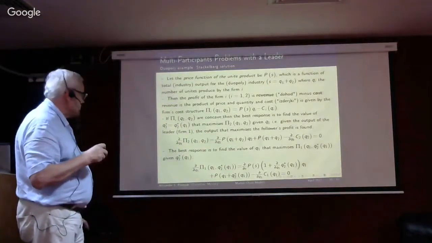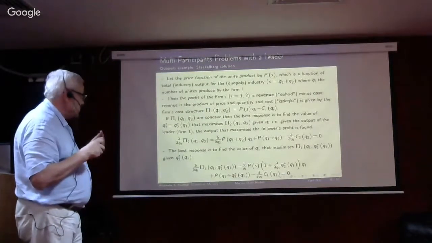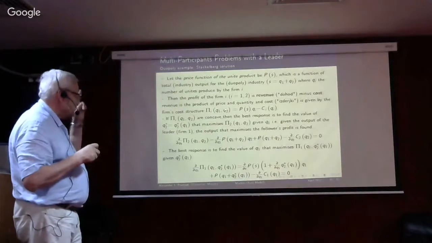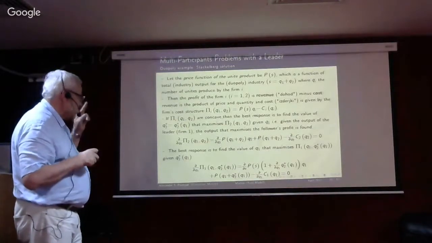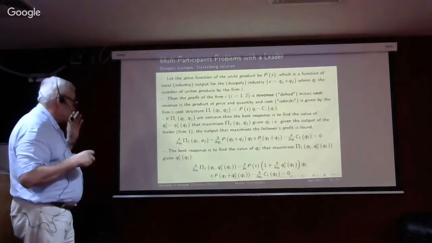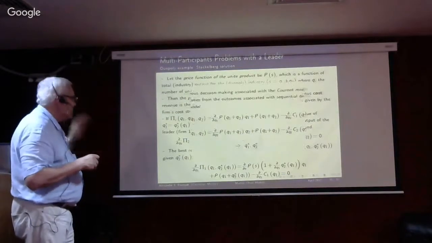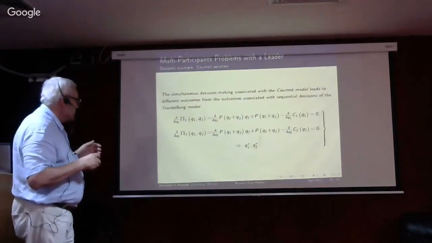Here are some special examples. These are incomes for one person and for another person, two persons' functions.